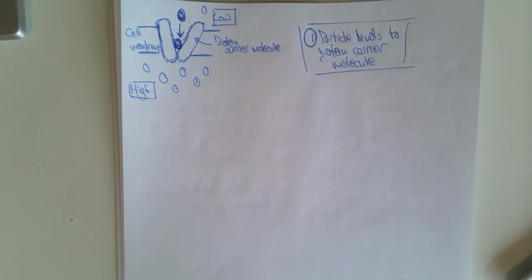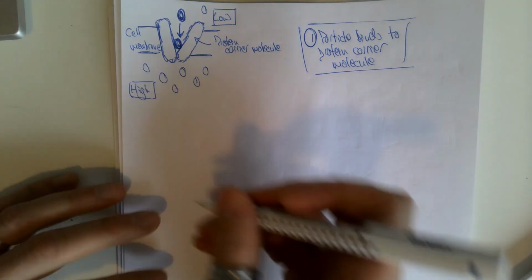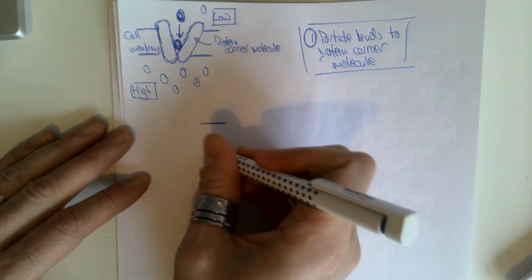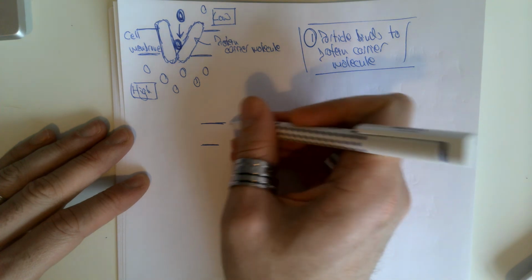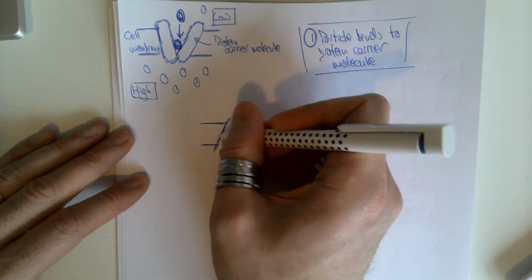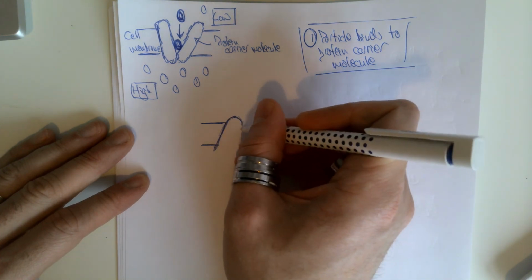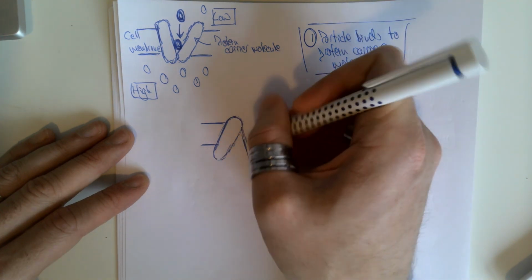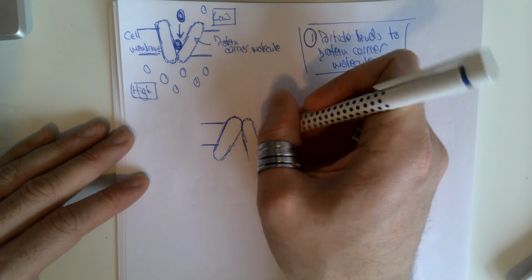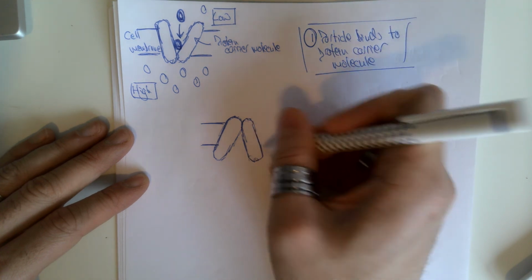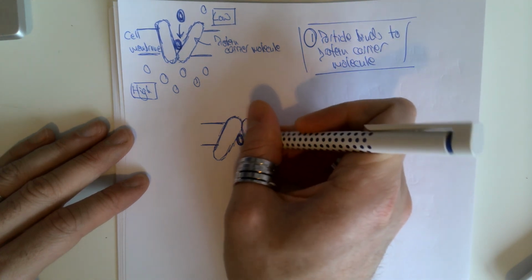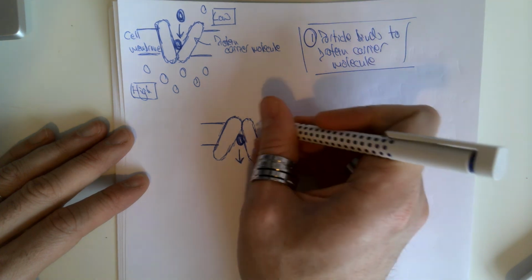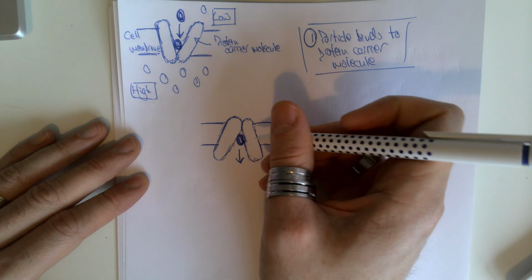Okay, step one. Step two. Once it's bound, the protein carrier molecule then uses energy to change shape. And during that changing of shape, it moves the molecule from the outside of the cell to the inside of the cell.